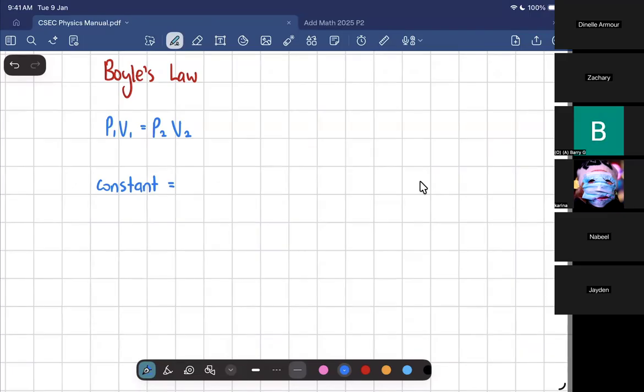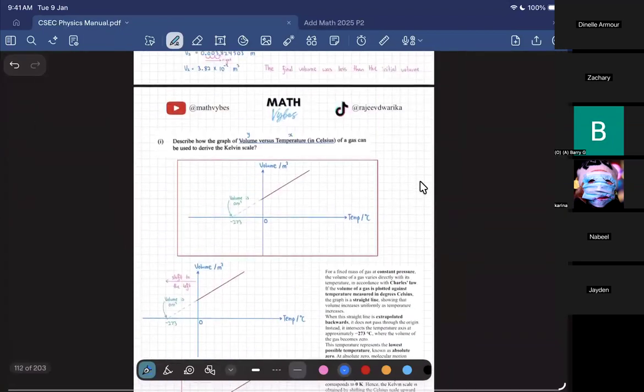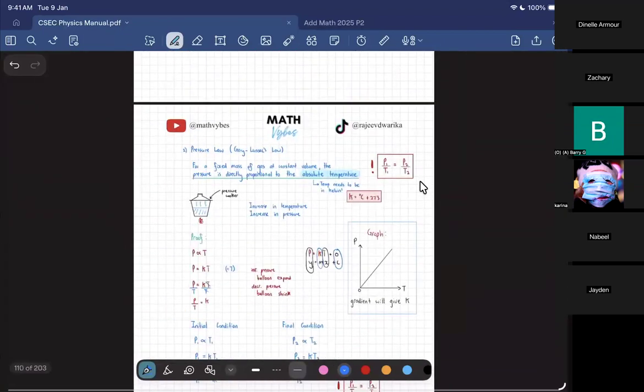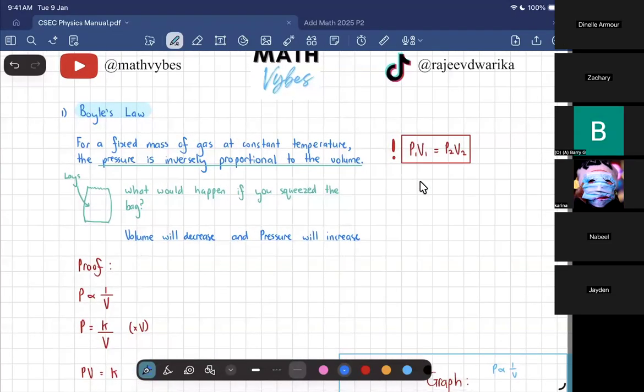Pressure. Now, if pressure is in the formula itself, then that cannot be held constant. Temperature, yeah. Right? Let's go back to the definition so you'll see what I'm talking about. Watch, look what it says. Give it a read.